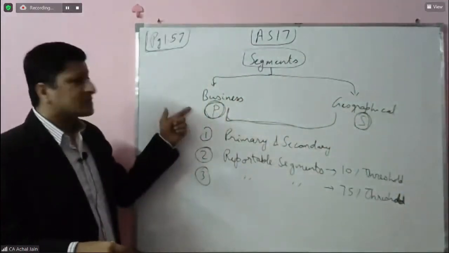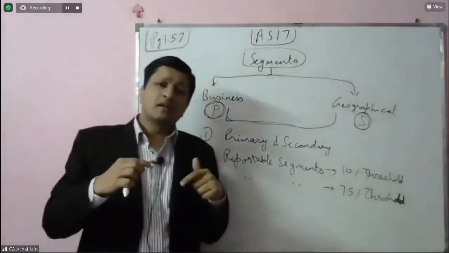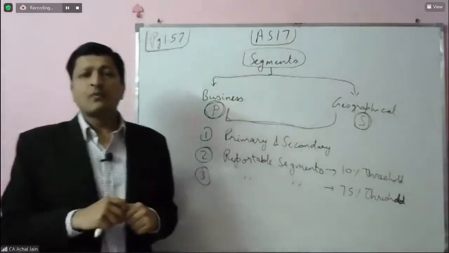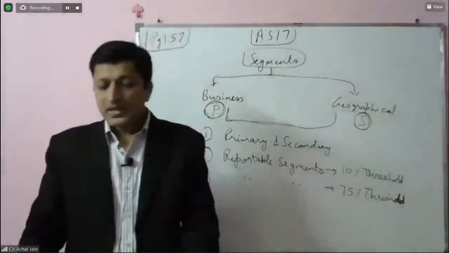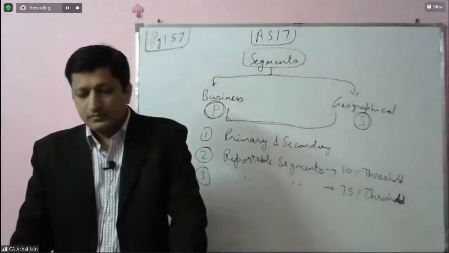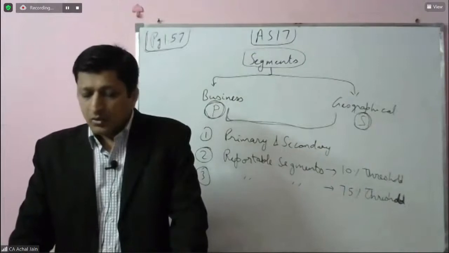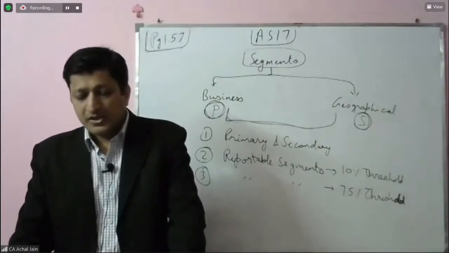Now for this primary segment, in respect of the reportable segments, what is required to be disclosed? One. Segment revenue classified into segment revenue from sales to external customers and segment revenue from transactions with other segments.